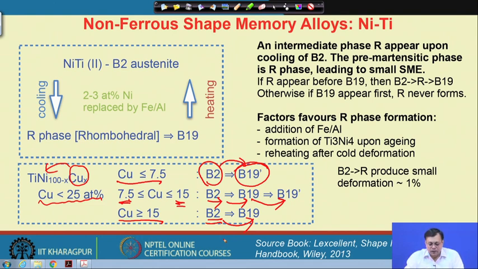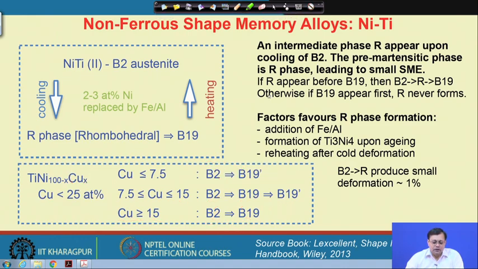So, you can see the sequence of phase transformation in a nickel titanium system is very complex, and there are many different competitive transformations, like the eutectoid transformation, which I discussed just a few minutes ago.